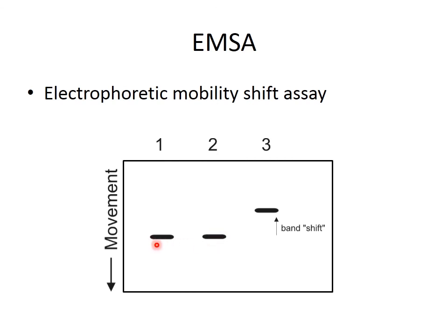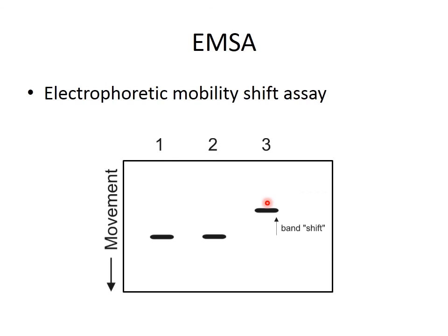However, as compared to the control, if upon addition of a protein we see a change in the mobility, a shift in the mobility of DNA, that represents that the size of this DNA has increased. The increase in size is because of the bound protein to this DNA.